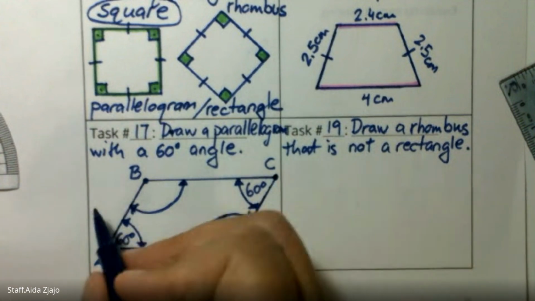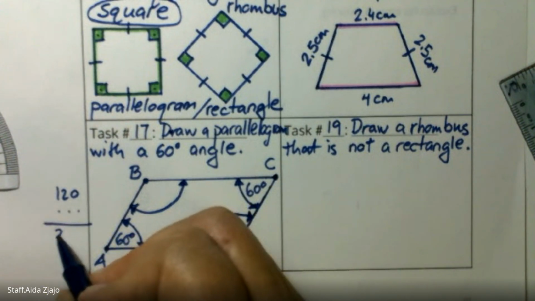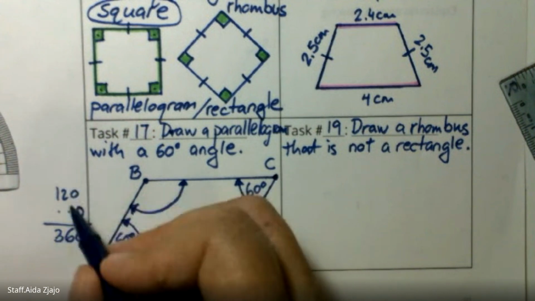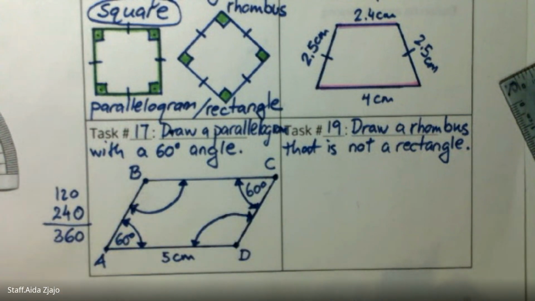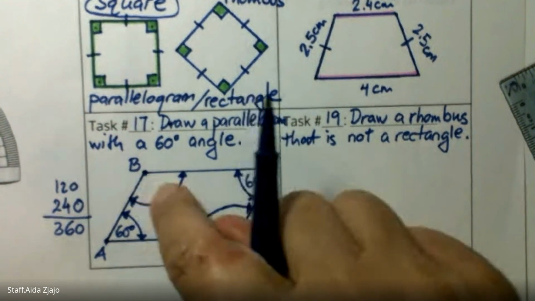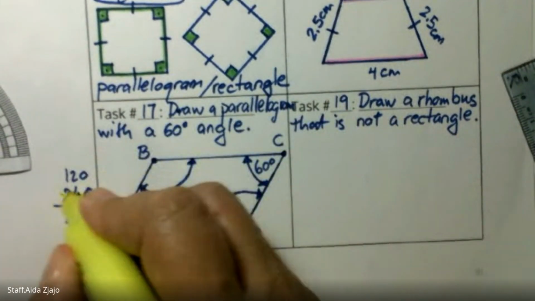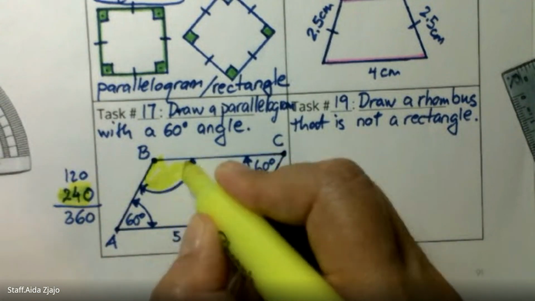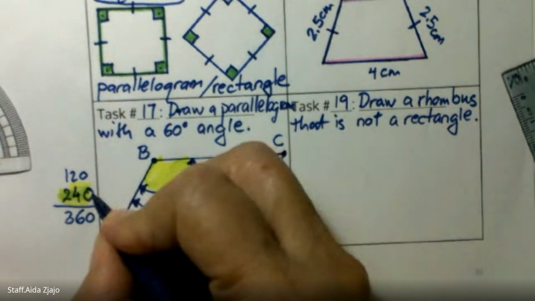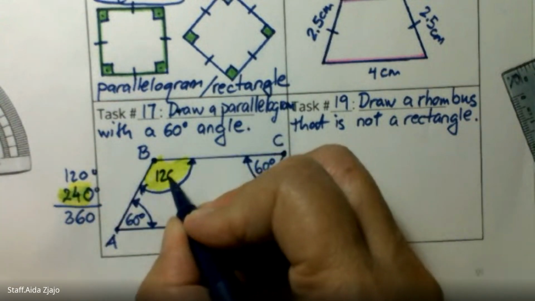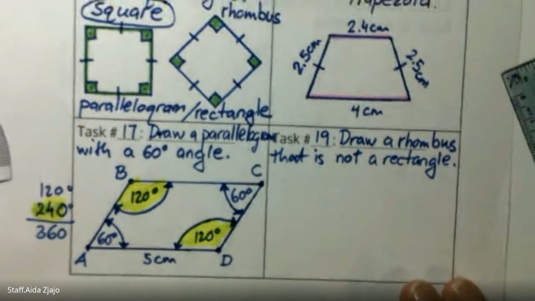What plus 120 will give me 360 degrees? It will be 240 degrees. So these two share 240 degrees, so it will be 120 degrees each. They're called obtuse angles.